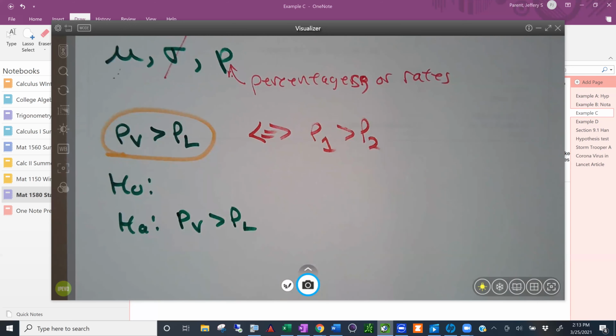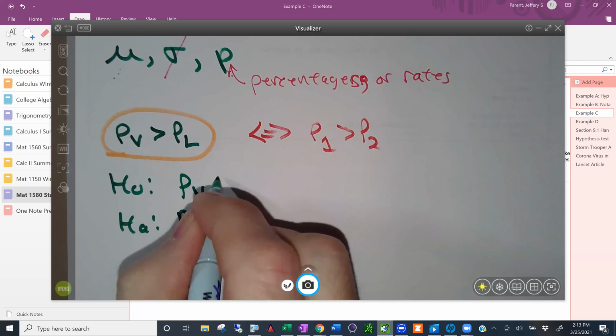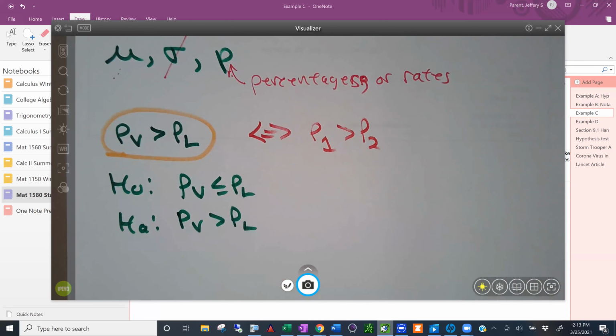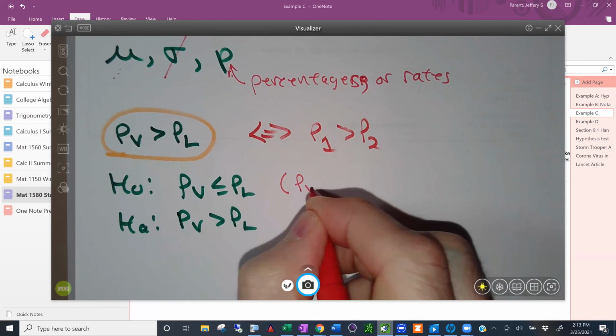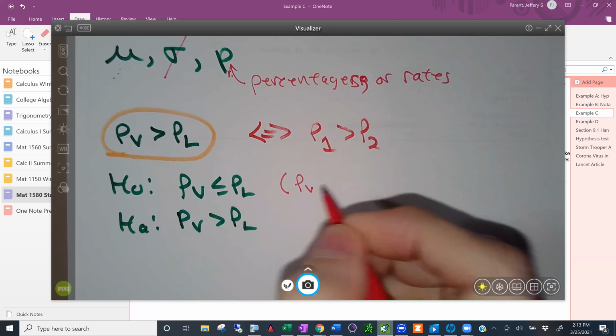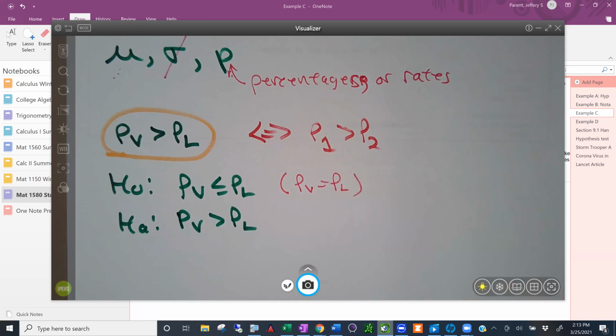Somebody tell me what we're going to put in H naught. P_V is less than or equal to P_L. Thank you. And keep in mind in StatLab, it'll probably be P1 equals P2, but for us, it's going to look like that. So there's your step 1.